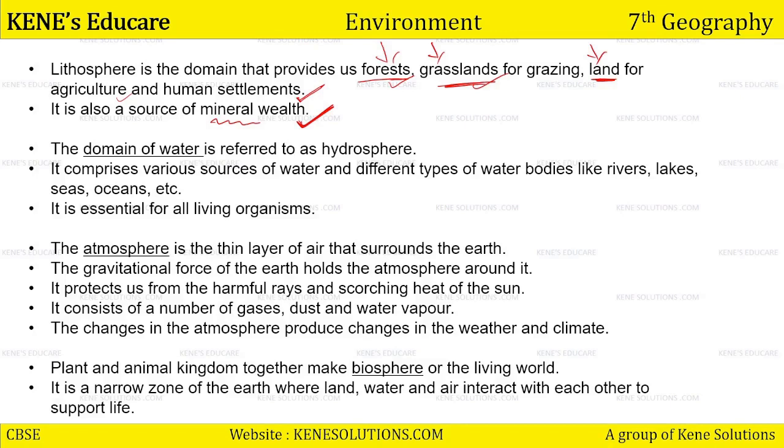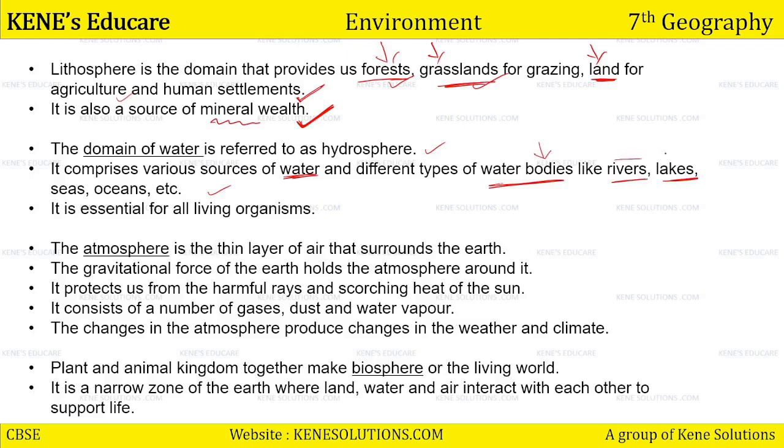Coming on to the other domains of the natural environment, second is the domain of water, referred to as hydrosphere. I showed you also. The domain of water, that means hydrosphere, comprises various sources of water and different types of water bodies like rivers, lakes, seas, oceans, etc. Why are we calling these water bodies?